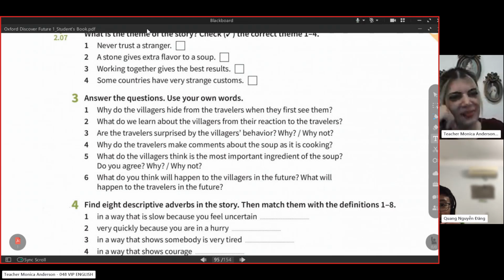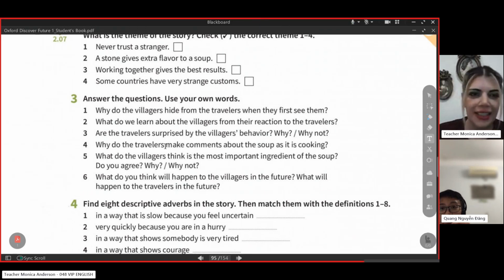What do you think will happen to the villagers in the future? In the future, I can't predict this. Okay, let me predict.